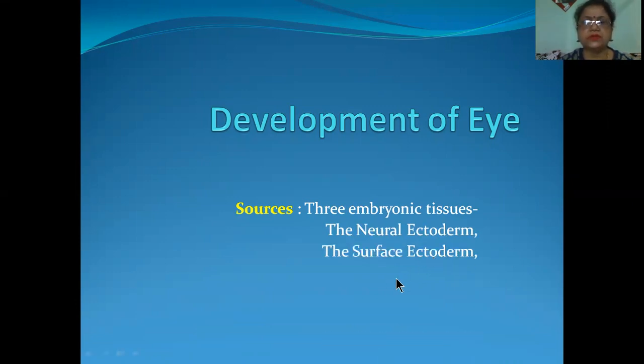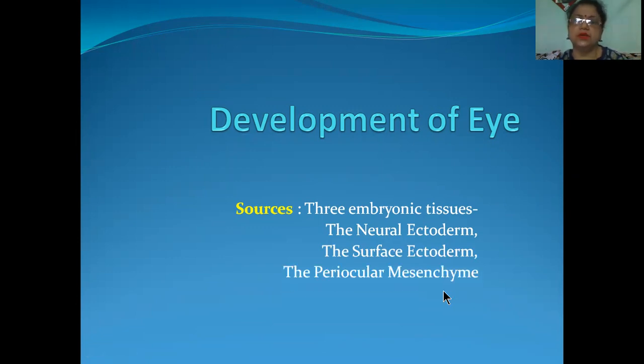Number two is the surface ectoderm. And number three is the periocular mesenchyme. That means it is partly ectoderm and partly from the mesenchyme or the mesoderm, which is surrounding that. Just remember these three: neural ectoderm or neuroectoderm, surface ectoderm, and periocular mesenchyme.